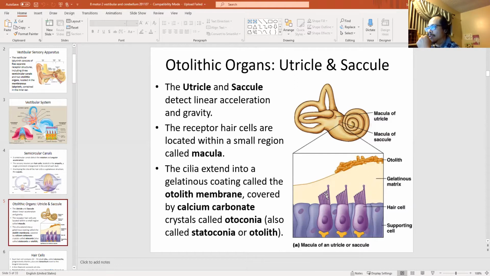In addition to that, we have this rock on top of it. This is called the otolith. These otoliths are basically calcium carbonate, which is very typical rock material.